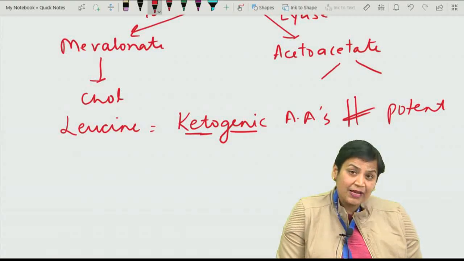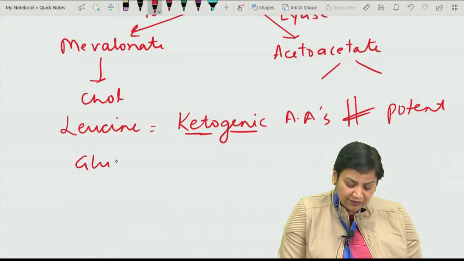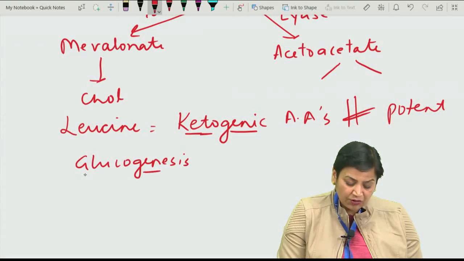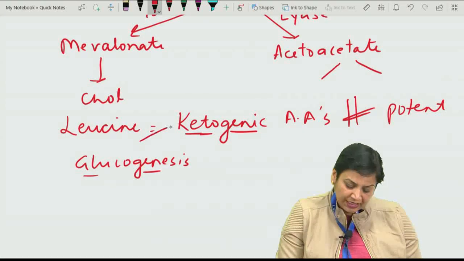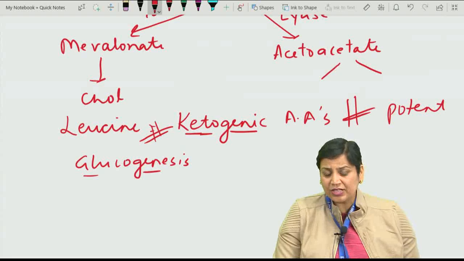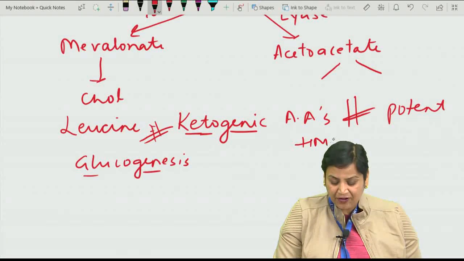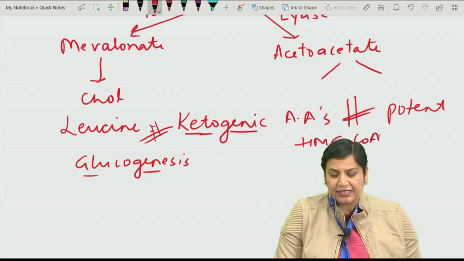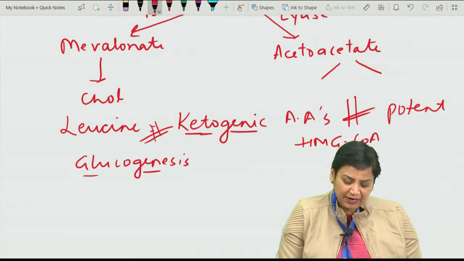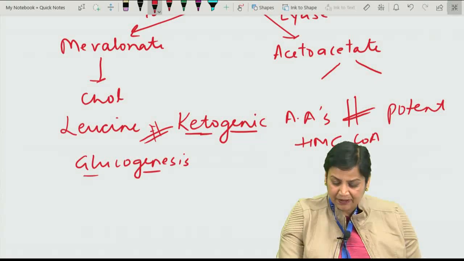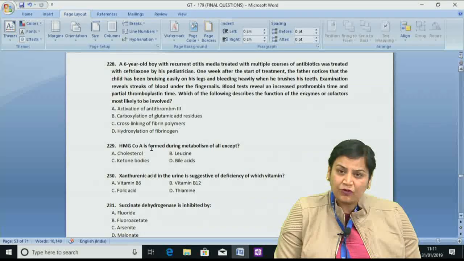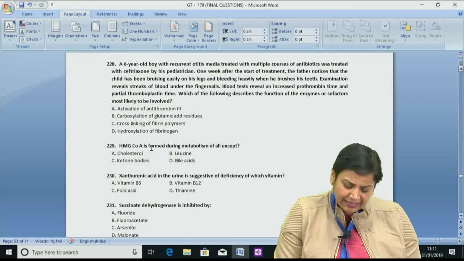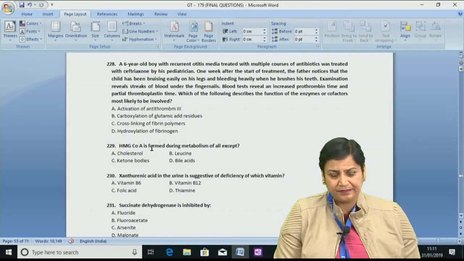There are glucogenic amino acids also, which are related to the formation of glucose. Leucine is a ketogenic amino acid, so it will finally be degraded to form HMG-CoA. So the option left is bile acids. So the answer to this question is: HMG-CoA is formed during metabolism of all except bile acids.